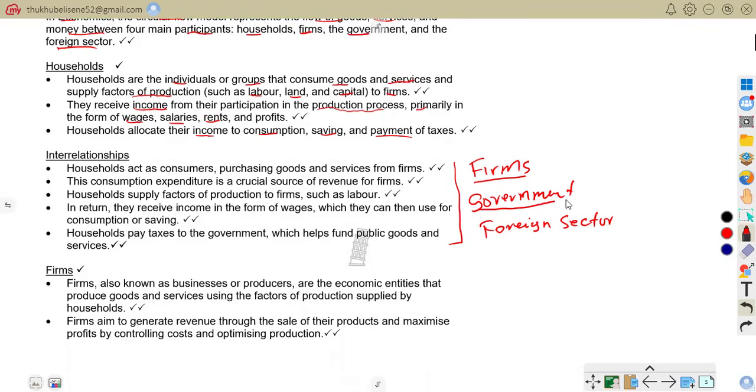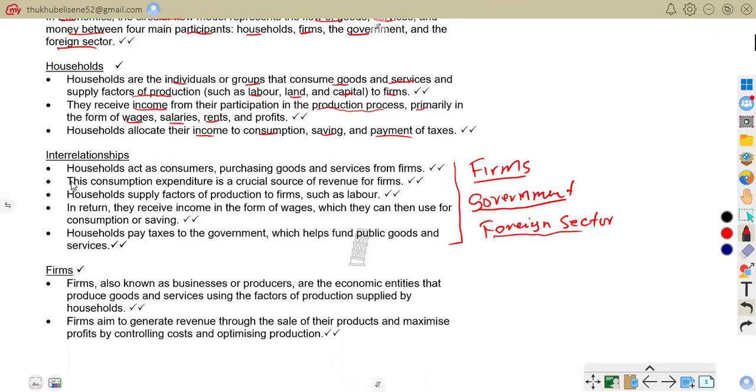To government, the households pay taxes, and from government they receive transfers or public goods and services. To the foreign sector, the households buy imports and sell exports through firms. So those are the interrelationships.